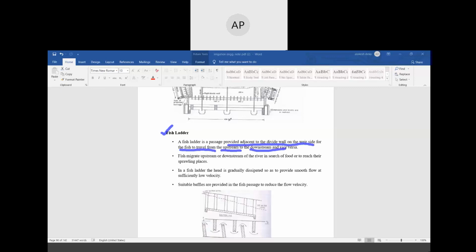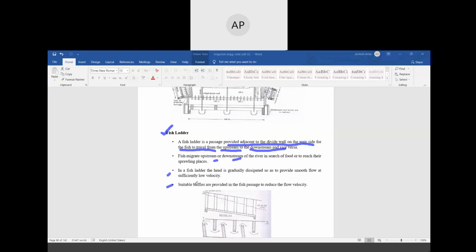Fish migrate upstream or downstream of the river in search of food or to reach their spawning places. In a fish ladder, the head is gradually dissipated so as to provide smooth flow at sufficiently low velocity. Suitable baffles are provided in the fish passes to reduce the flow velocity.